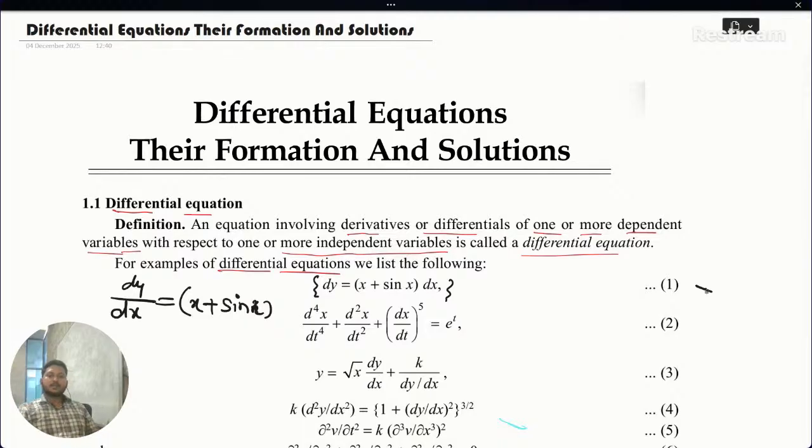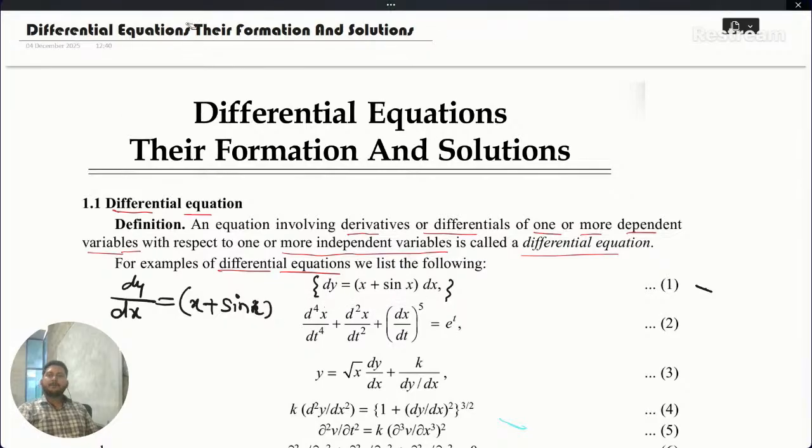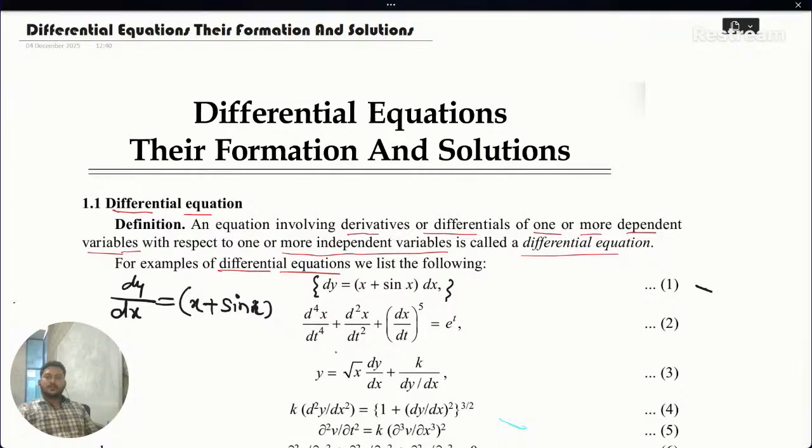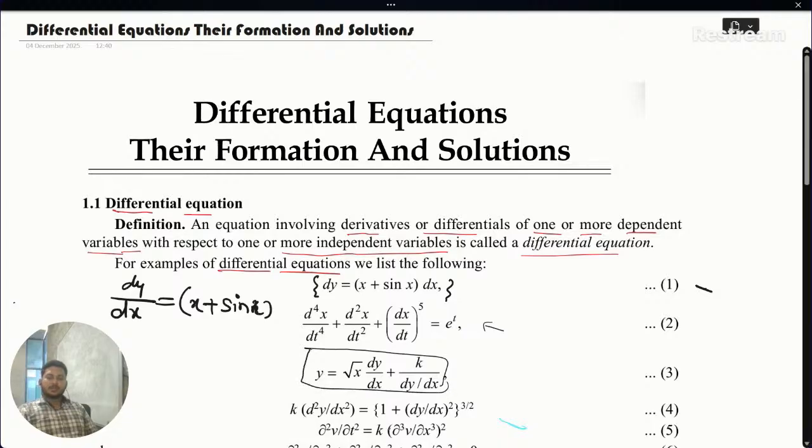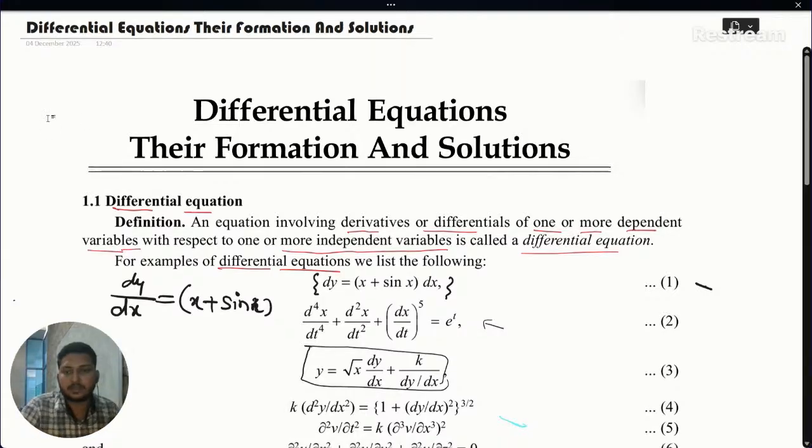And then here is another equation, wait a minute, let me erase it. Okay, so here is the second equation, and there is a third equation. Okay, so these are examples of basic differential equations and their types.